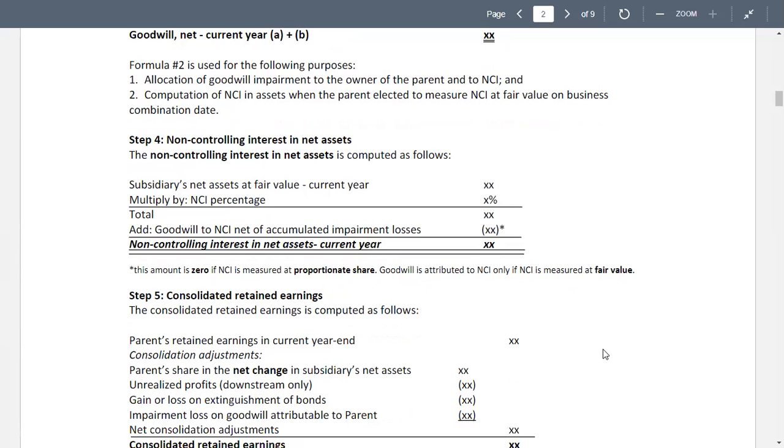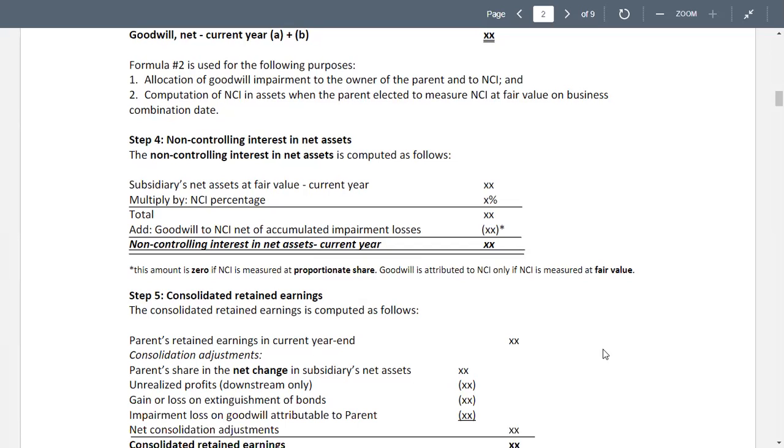By the way, mention is made about downstream sale, no? So it's a sale between the parent and the subsidiary. Now, you may also involve upstream sale, but in the formula, we involve only downstream sale.